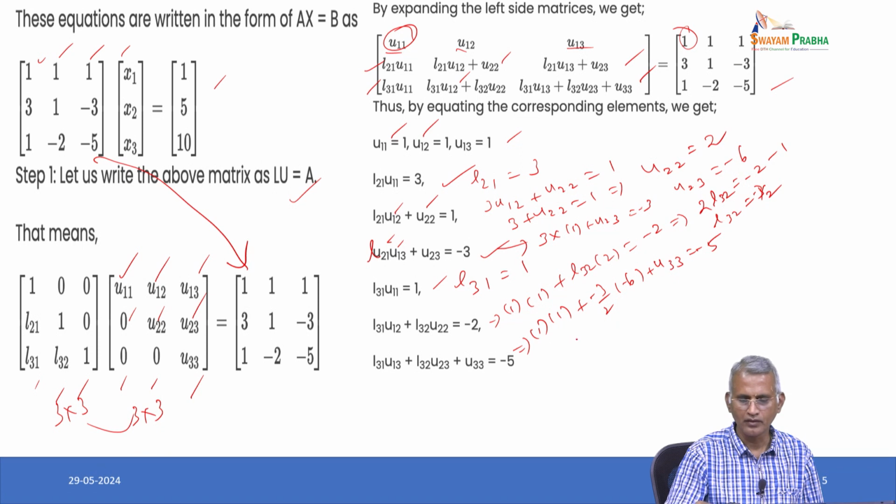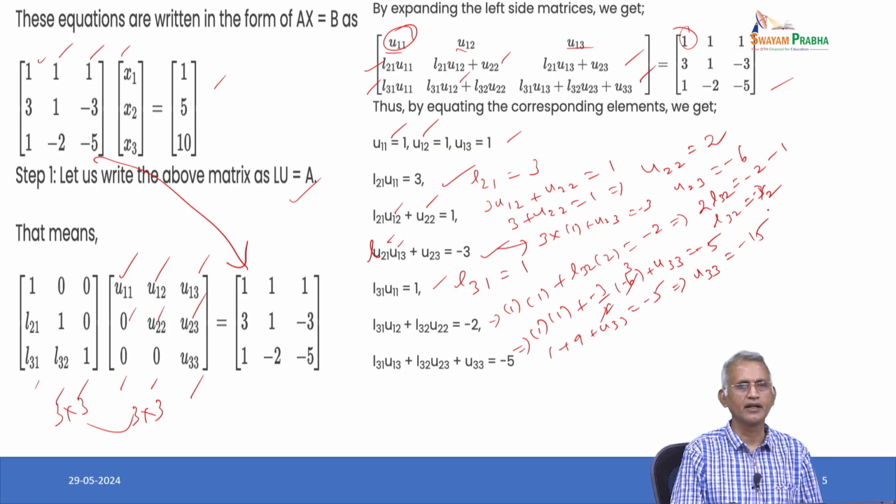Then you calculate this value, right. So 1 plus 9 plus U33 equal to minus 5. Therefore, this implies U33 equal to minus 5 minus 10, minus 15 will come.